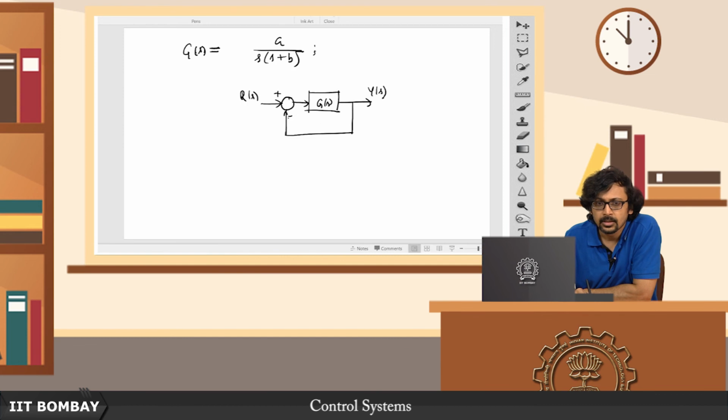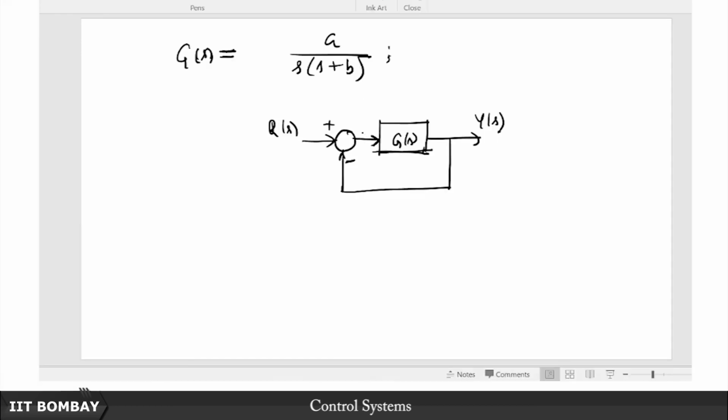Now if you want to get to the heart of this problem of finding the transfer function from R to Y, you call this variable, let us say, E(s). So Y(s) is equal to G(s) times E(s), and E(s) is nothing but your reference input minus your Y. So this is equation 1, this is equation 2.